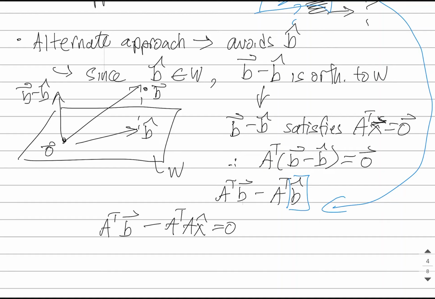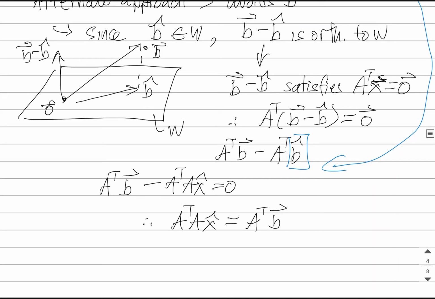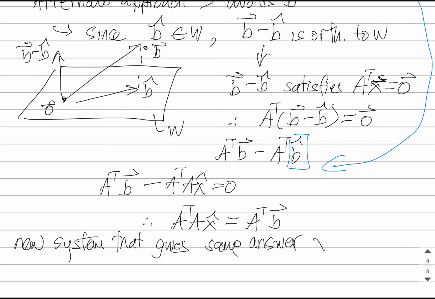And that all has to be 0. And so the point of the story is I have a new system that I can solve to get the same answer. So this is a new system that gives the same answer, x hat, without finding b hat.